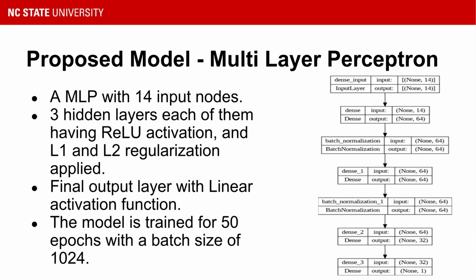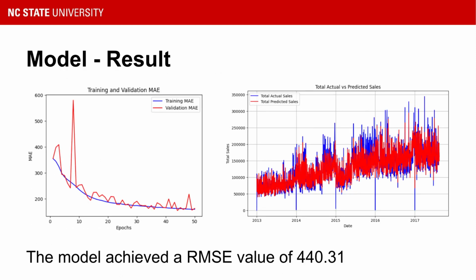To make a better model for this dataset, we came up with the multi-layer perceptron model. We designed the MLP with 14 input nodes, three hidden layers, and an output layer with a linear activation function because we want the predicted values. The model was trained for 50 epochs with a batch size of 1024.